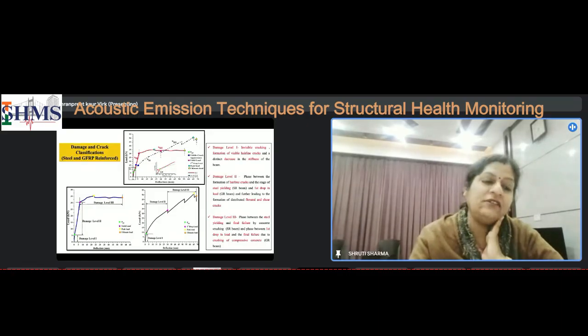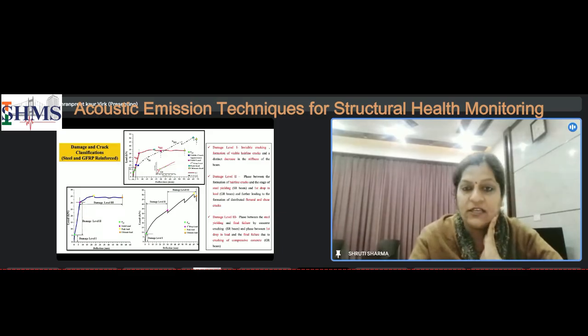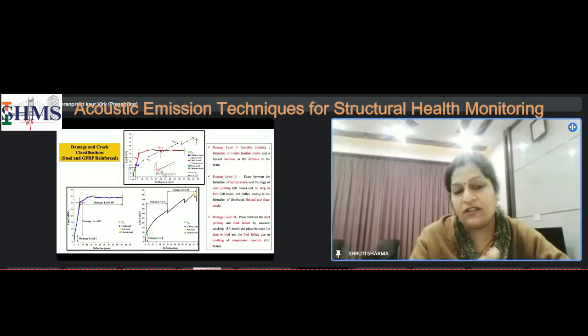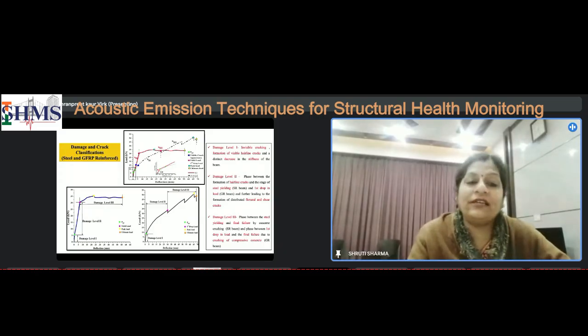If you see the area under the steel reinforced beam, it is ductile behavior, whereas on the right hand side, the load carrying capacity is very high in comparison to the steel reinforced beam. The deflections are larger, 70 mm in comparison to 50 or 55 mm ultimate deflection in steel reinforced. But the problem is that the ductility is compromised.